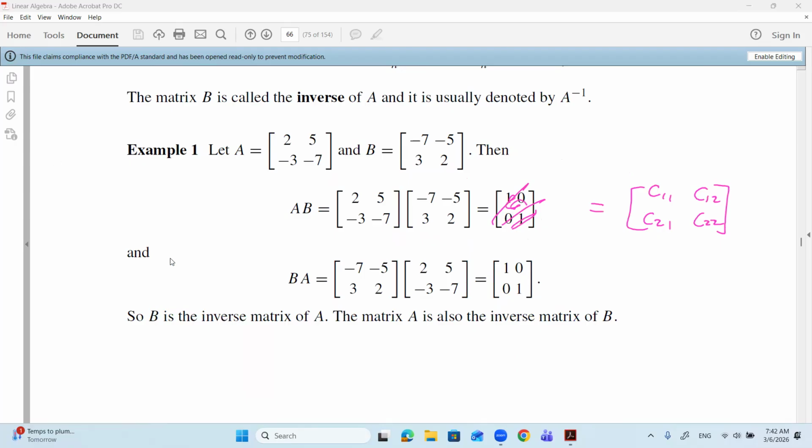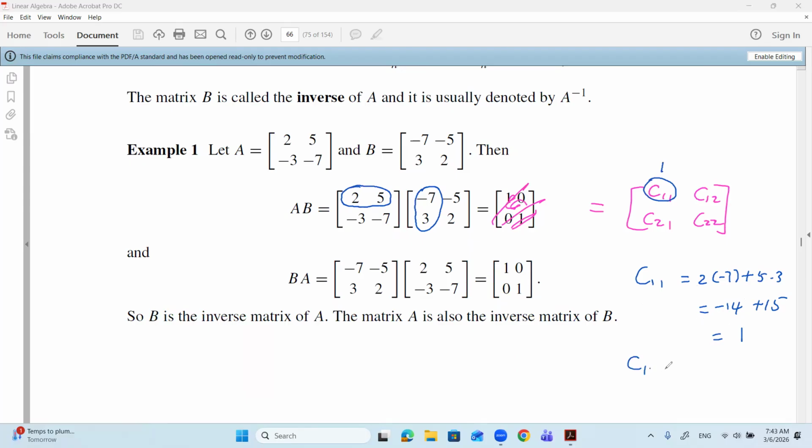Take the two vectors, and then multiply the corresponding entries. That is 2 times -7 plus 5 times 3, which is -14 plus 15, which is 1. So we got C11 as 1.